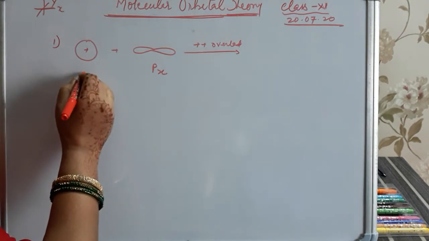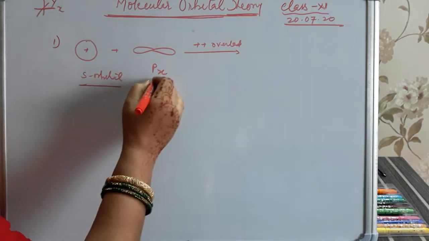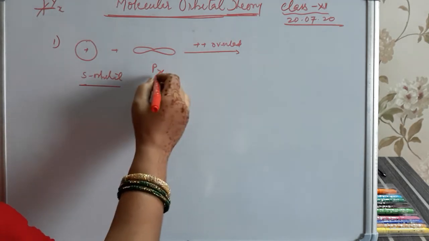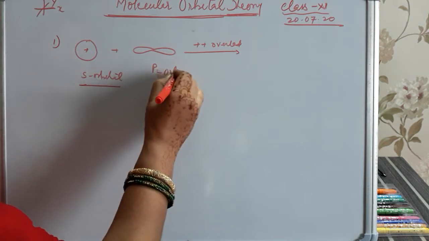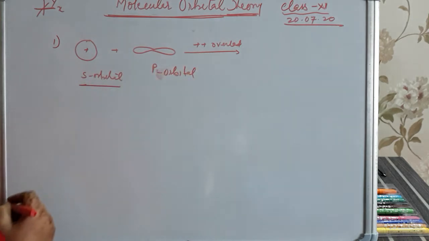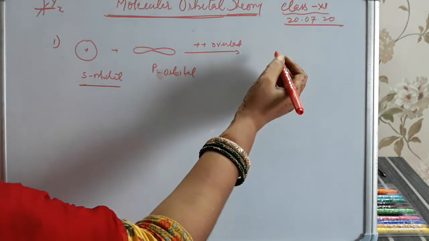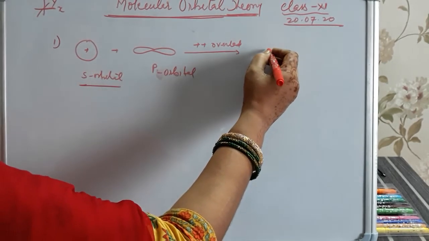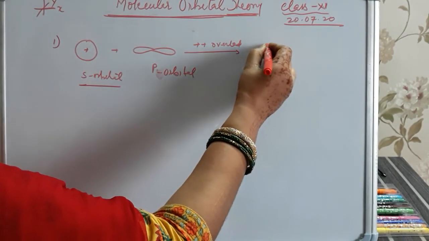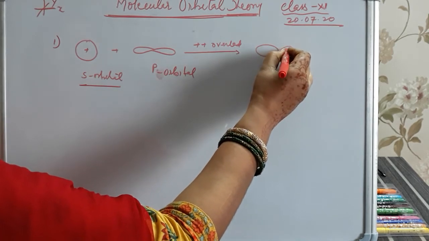So this is the s orbital, this is the s orbital, this is the p orbital. So students, we write here p orbital. Two types of molecular orbital are formed, one sigma and another anti-bonding sigma. The sigma orbital forms like this, with one bigger lobe and one smaller lobe.